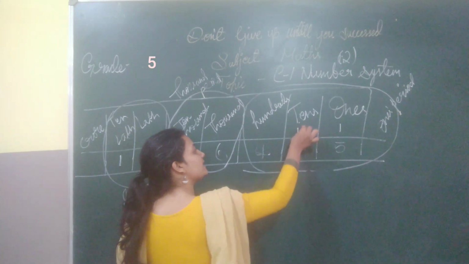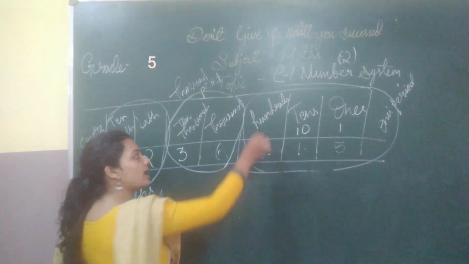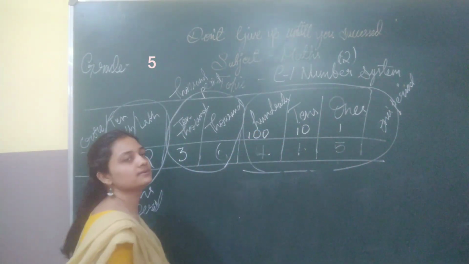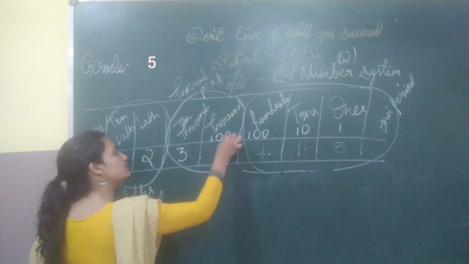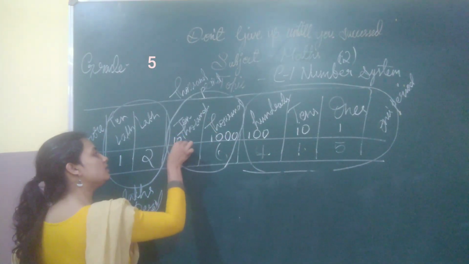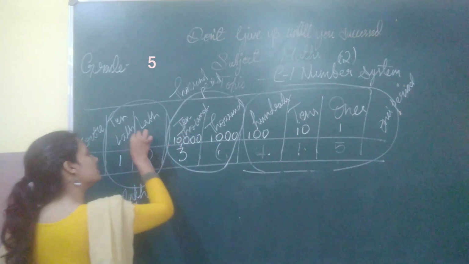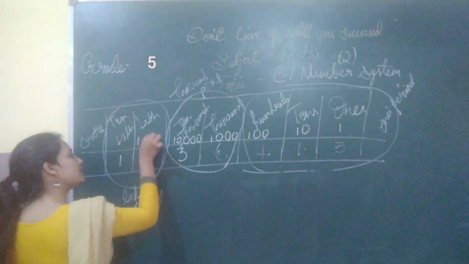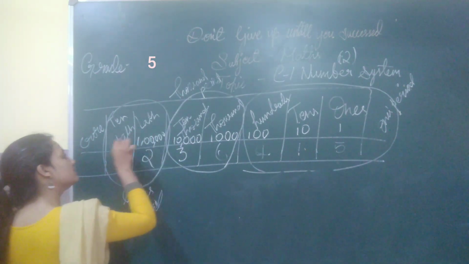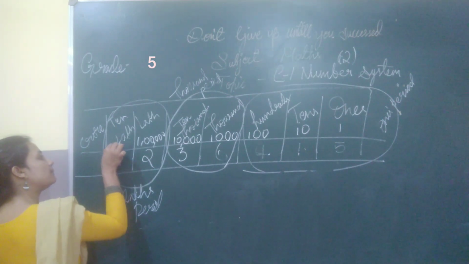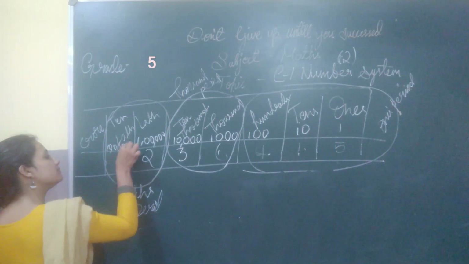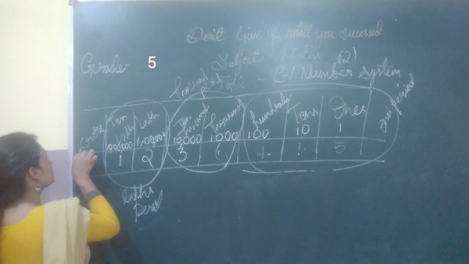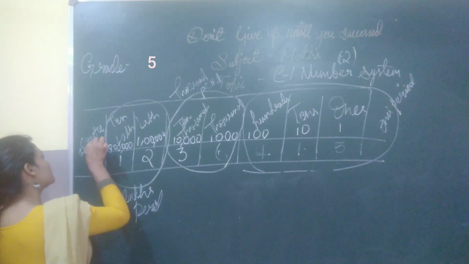So 10, I can write this number like this. 100 in number, 1000 in number, 10,000 also in number, lakh, yes I can write that also in number, 10 lakh also can be written in number. So even crore also can be written in number.